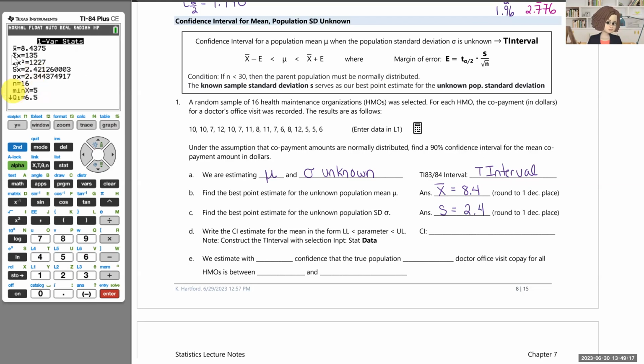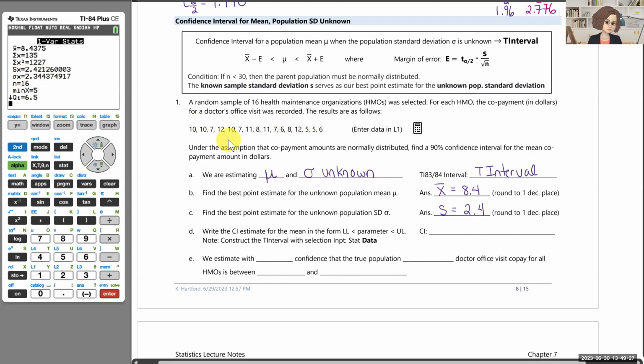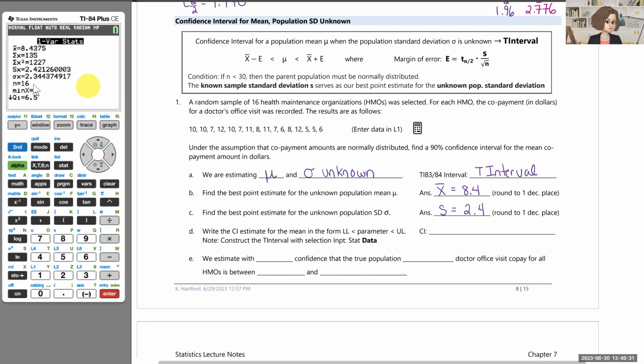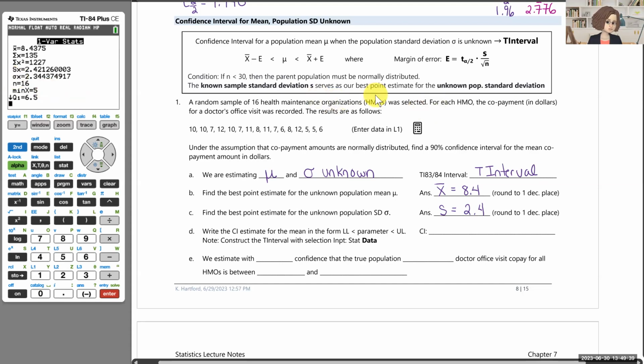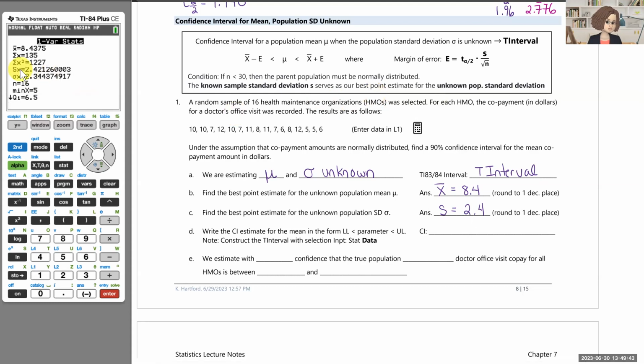So just make note here that on the calculator, I'm seeing sigma, but that is complete nonsense here. The calculator doesn't know it's nonsense because it didn't read the question. So we know that the data we entered is sample data. So we have no knowledge of what sigma is because we haven't collected data from every single HMO, the population. All right, so s is the relevant value there.